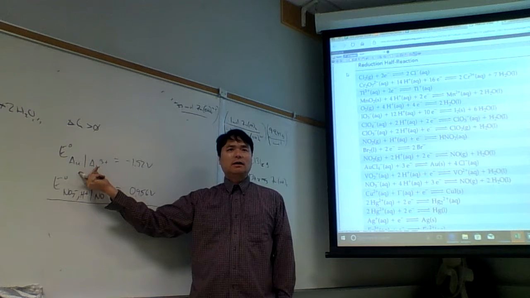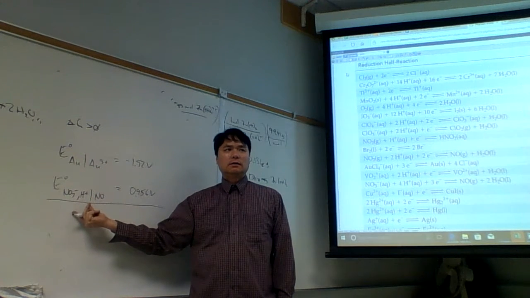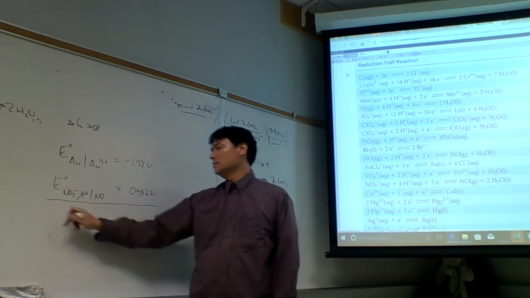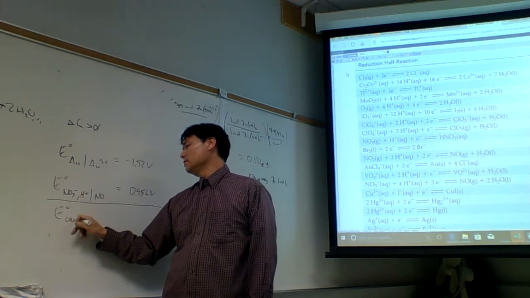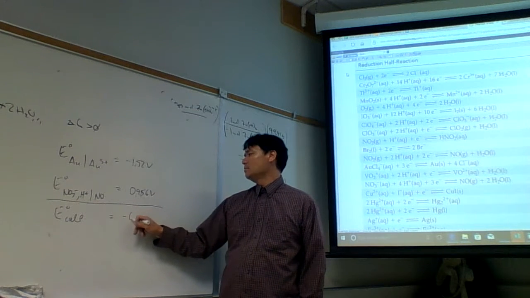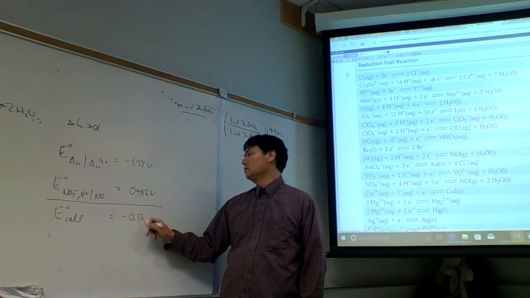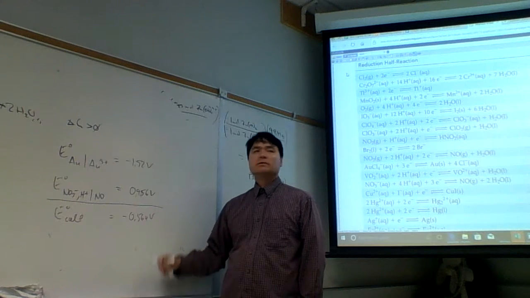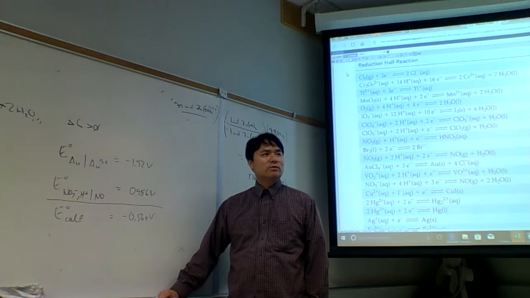We have to add the oxidation potential plus the reduction potential to get the cell potential. And so the cell potential for this is going to be equal to minus 0.564 volts. A minus 0.564 volts, is that good?